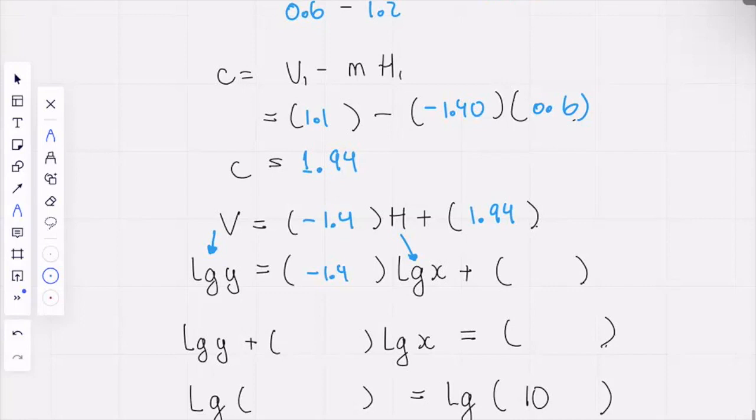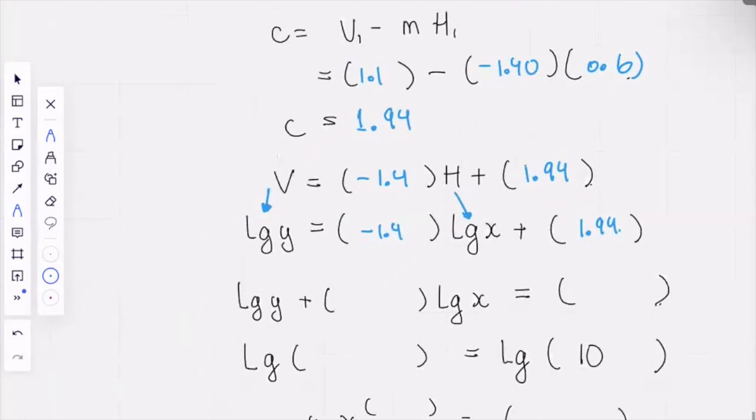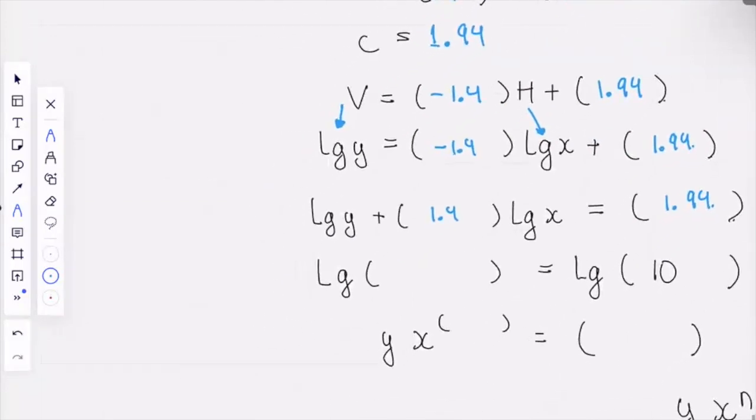Log y equals negative 1.4 log x plus 1.94. Okay. Then the x and y, we shift to one side. So log y plus 1.4 log x equals 1.94. This negative turns into positive, because you shift to the left.